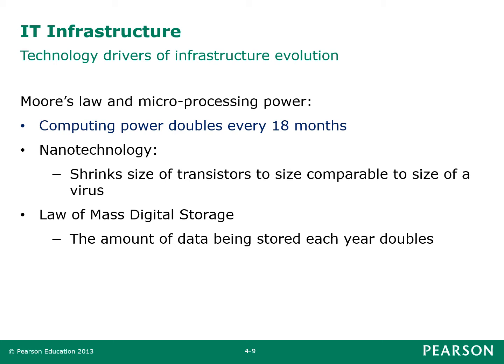Law of mass digital storage: the amount of data being stored each year doubles. We can now in organizations store more data about customer tracking and customer behavior and analyze them, because we now have the capability to store more data.